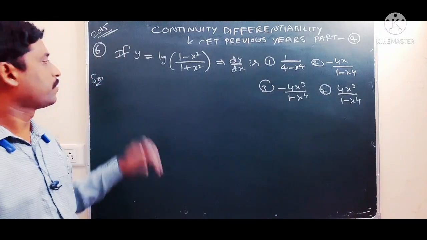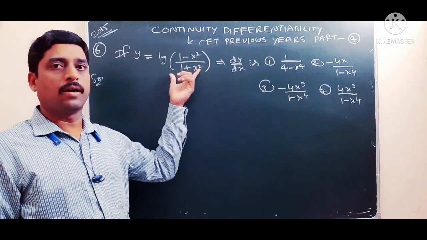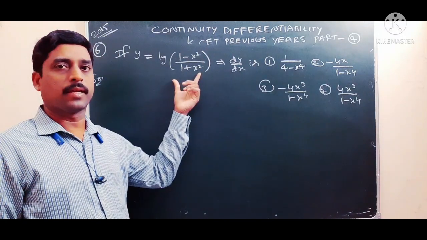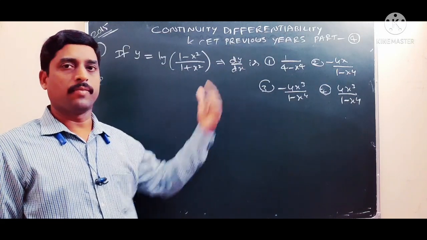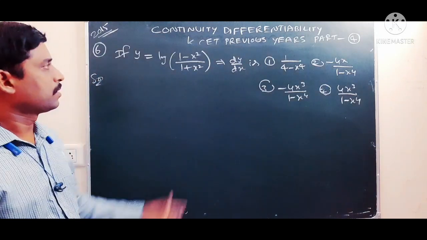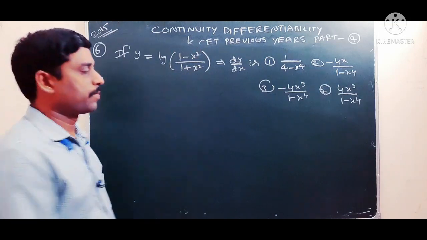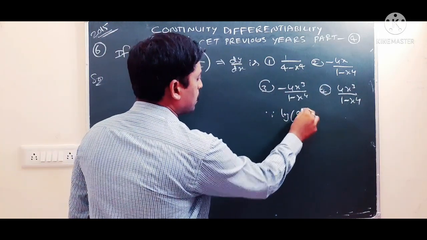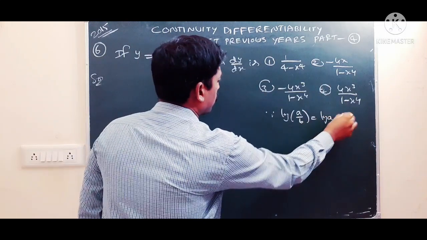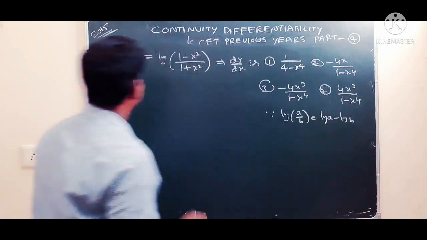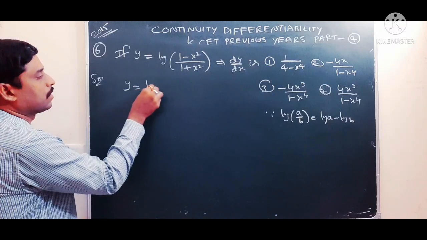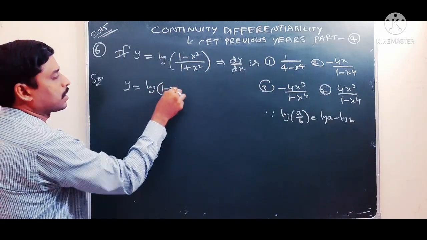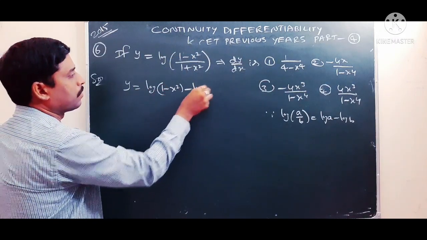This is from 2015. So y is equal to log of 1 minus x square by 1 plus x square. Then find out dy by dx. First, by using the log a by b formula, log a by b is equal to log a minus log b. So y is equal to log of 1 minus x square minus log of 1 plus x square.